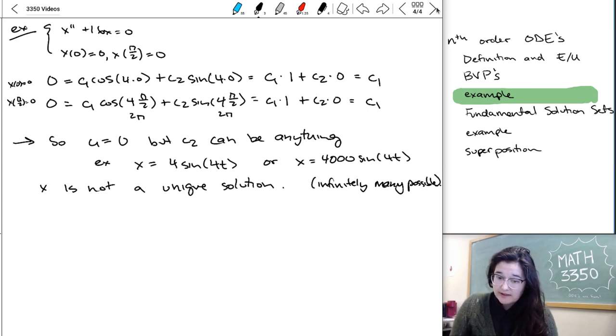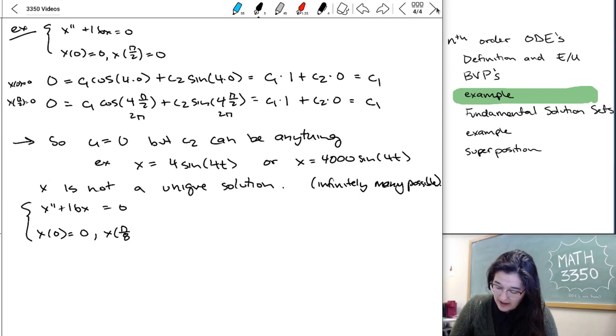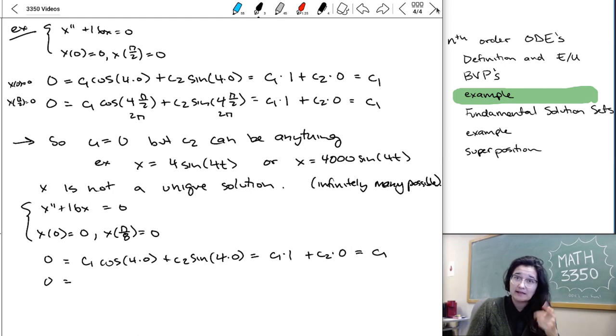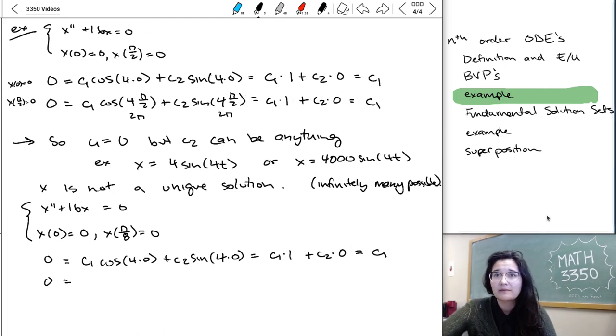We could also see an example with different conditions. Let's do x of 0 equals 0 and x of pi over 8 is equal to 0. And in this case, my two conditions give me that I need to have 0 when I plug in 0 like before, so I know that one ends in c1 equals 0 because I did it up above right here.